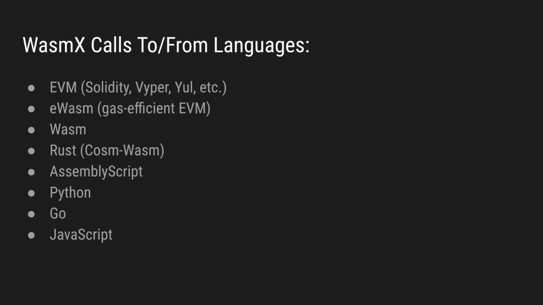You can have smart contracts that cover the EVM specification, CosmWasm specification, and our own WasmX specification, and have all these contracts collaborate with one another.